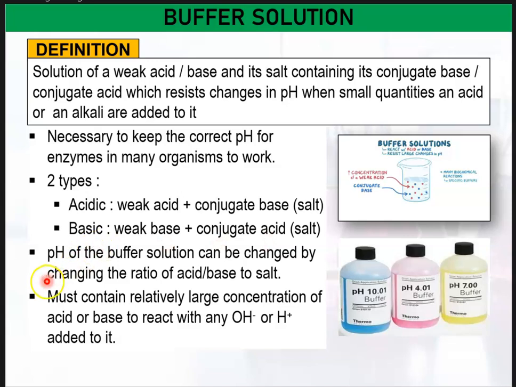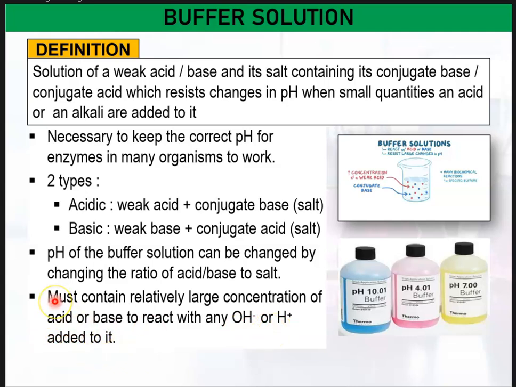pH of a buffer solution can be changed by changing the ratio of acid or base to salts. It must contain a relatively large concentration of acid or base to react with any hydroxide or hydrogen ion added to it.